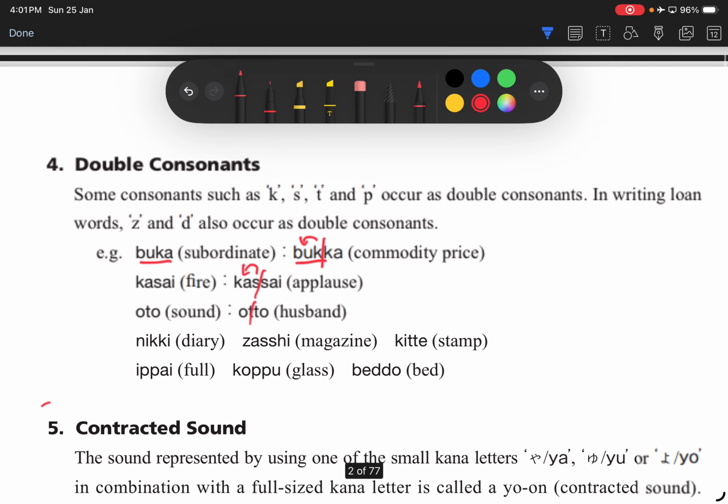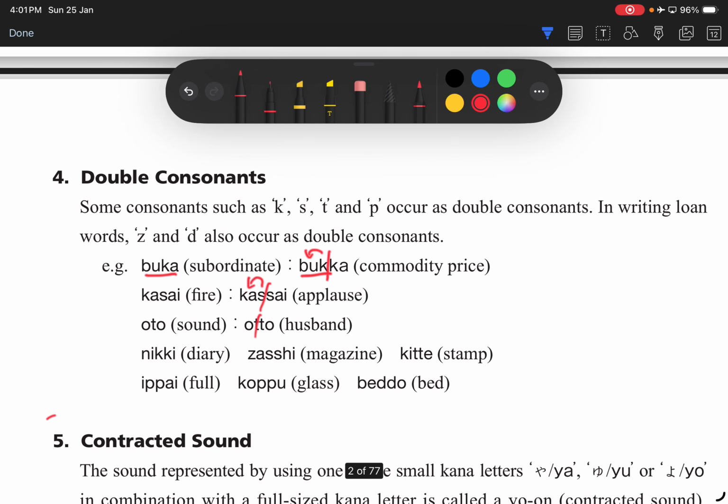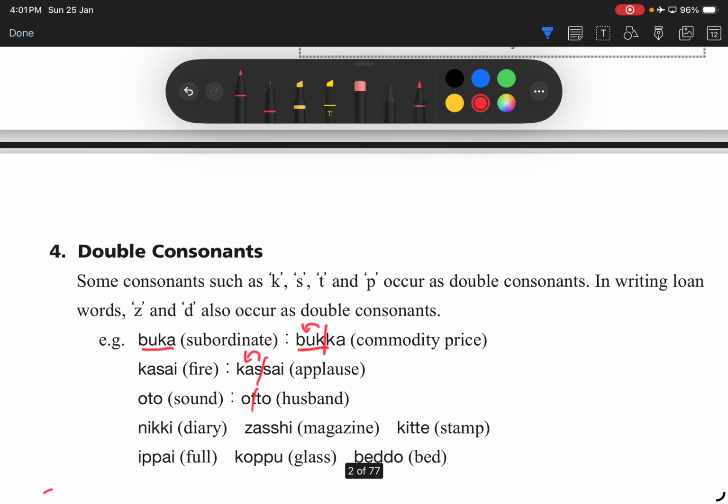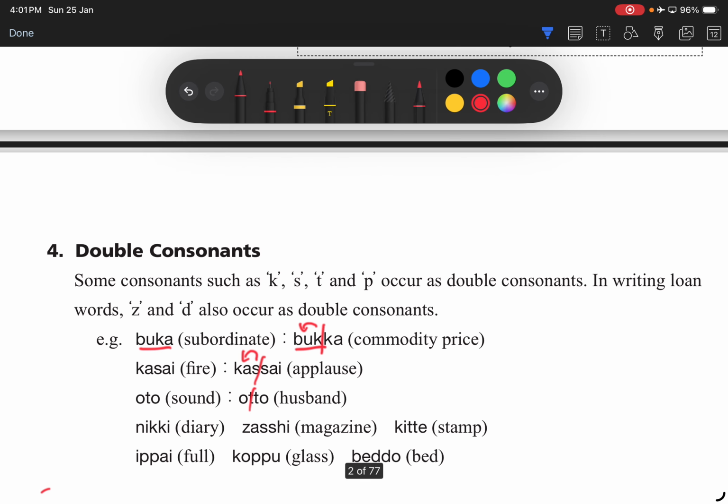So how do you write it in hiragana? How we represent this is, for example, I use oto. So this is oto, versus oto. Sorry, my writing is bad.